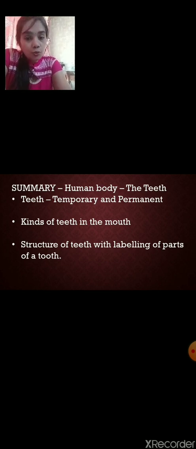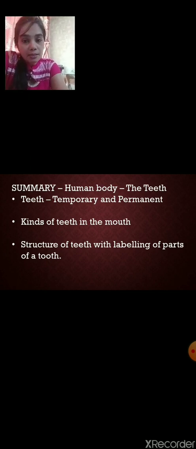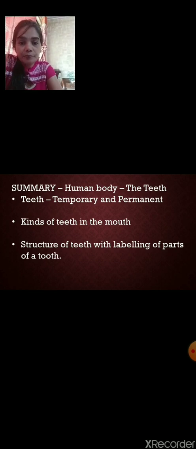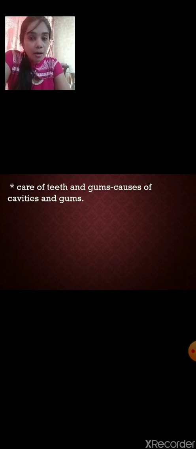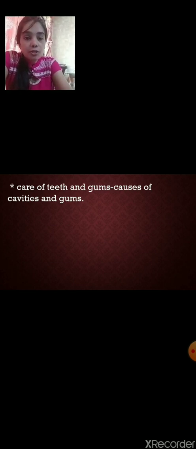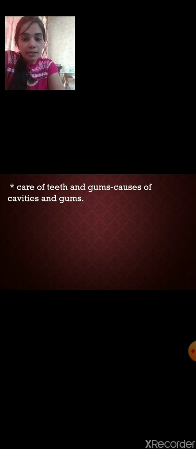The structure of a tooth will be given and we will be revising its parts. And next we'll also revise care of teeth and gums, causes of cavities and gum problems. So how to take care? Yes, that we will be revising.